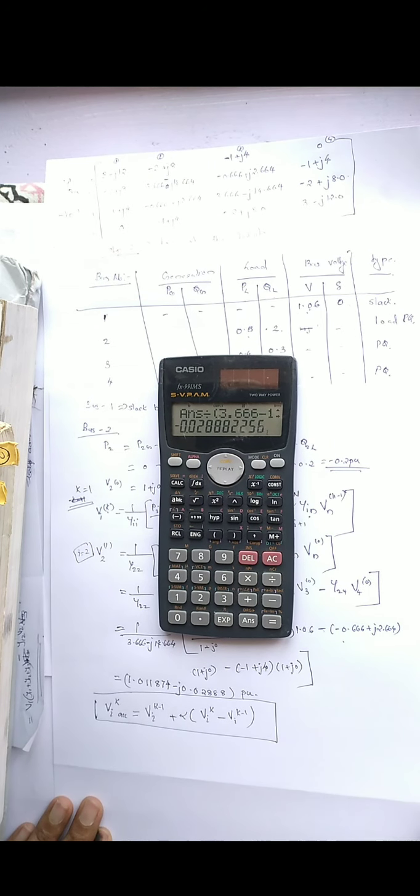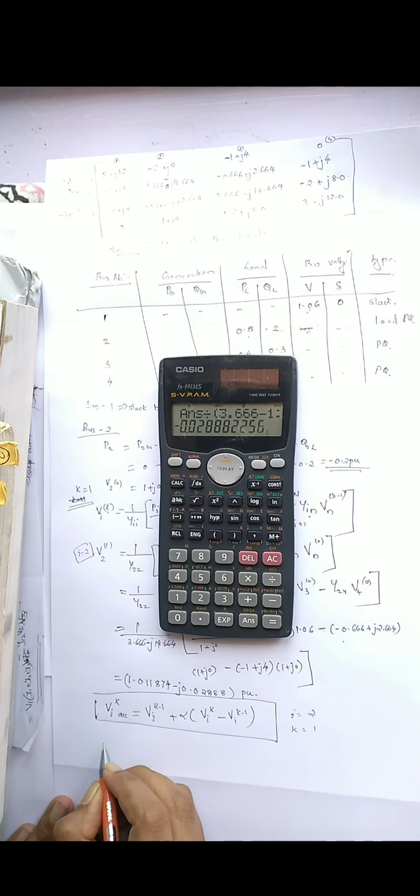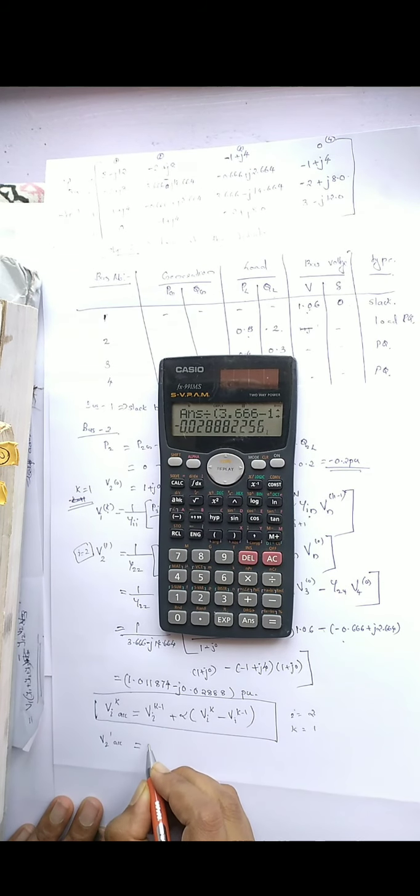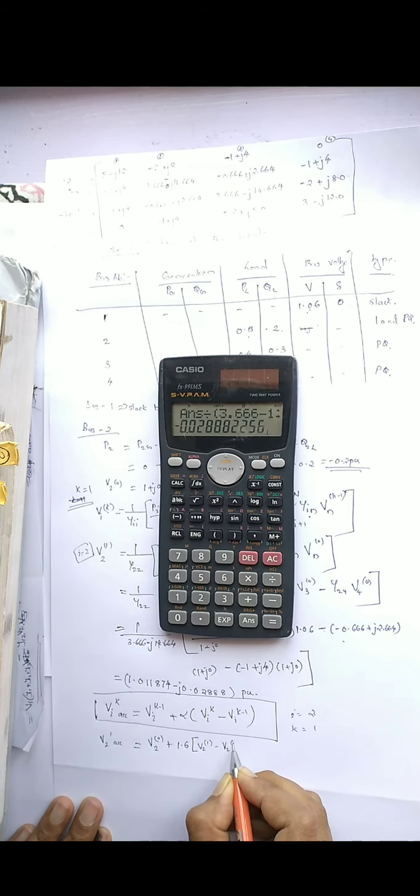Here i is equal to 2 and kth value is 1. So I can say V2 of 1 accelerated value is equal to V2 of 0 plus alpha, which is given in the question as 1.6, into V2 of 1 minus V2 of 0.